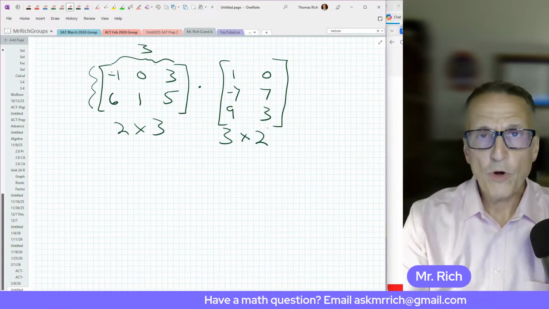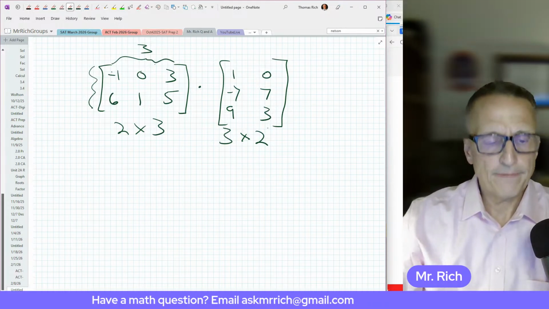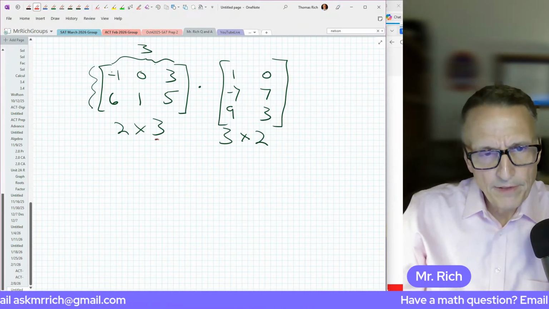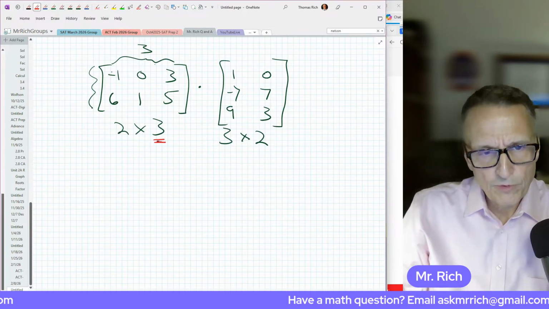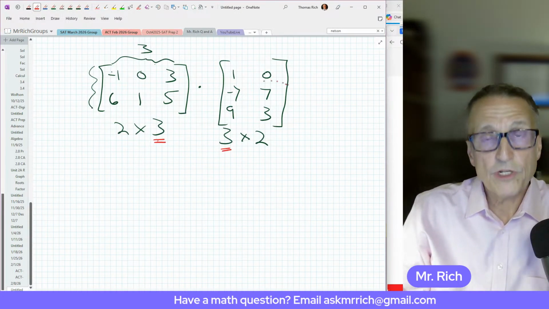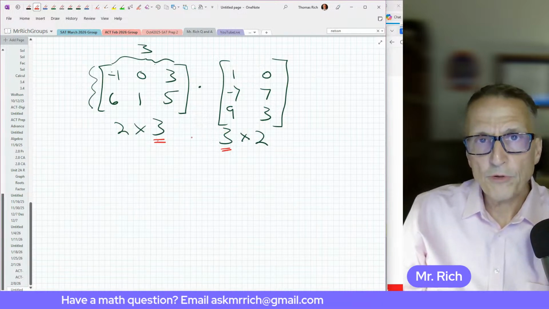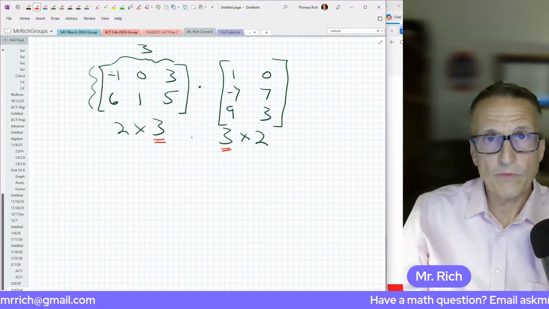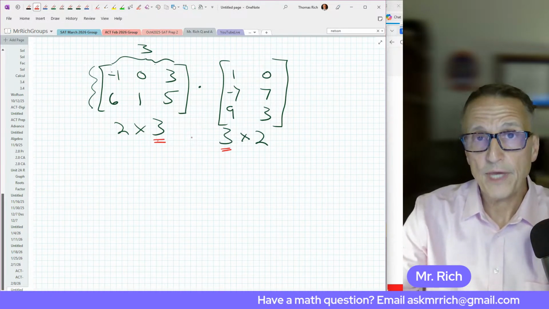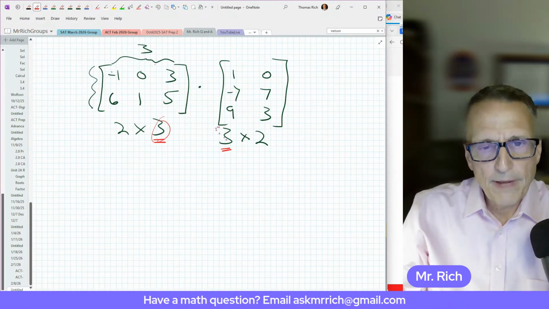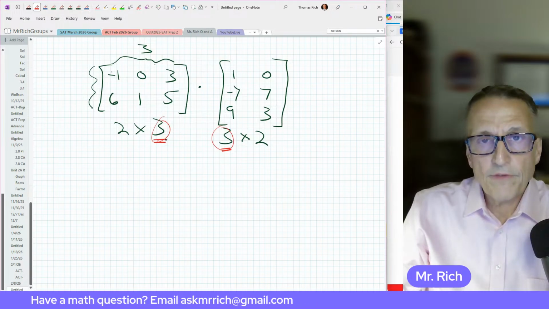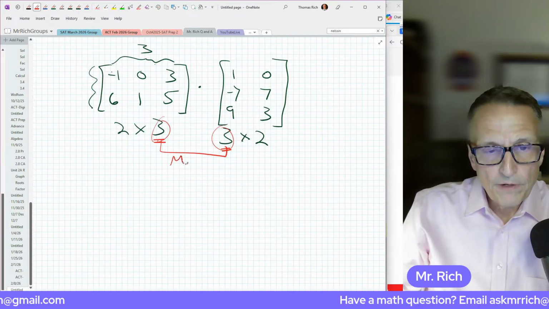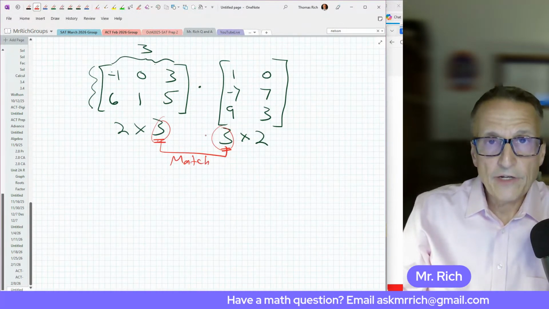The way that you know is you take a look at their inner dimensions: the number of columns of the first one, 3, and the number of rows of the second one. In order for the multiplication to be performed, these two need to match. You need to have the columns of the first match the rows of the second. As long as those two match, you can do the multiplication.